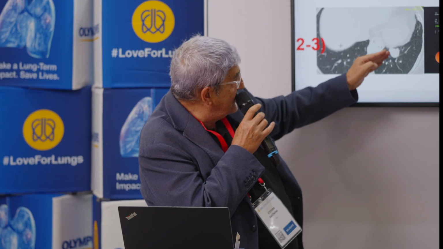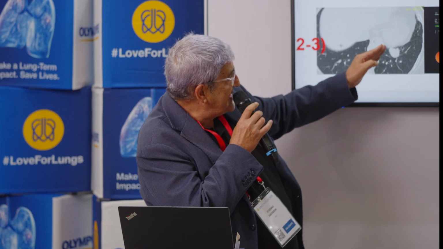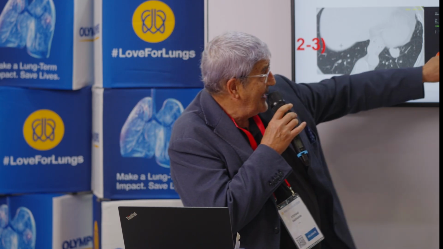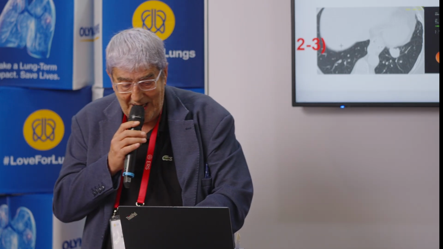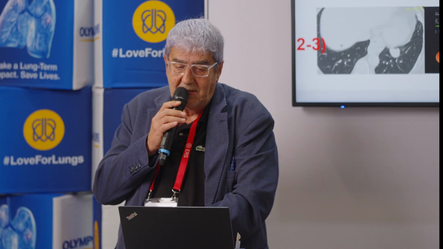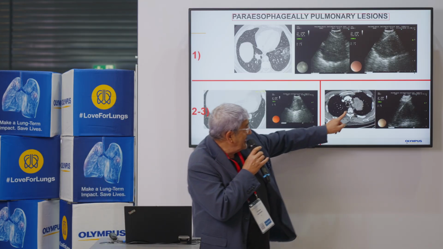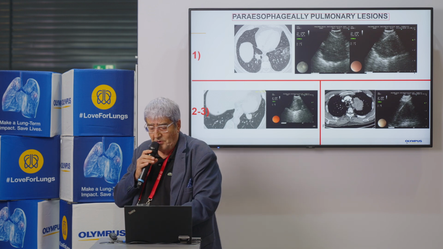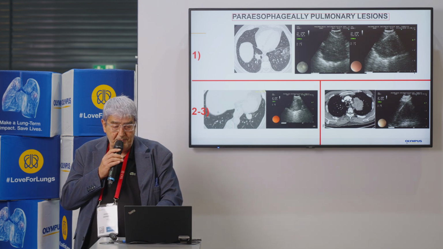Put the esophagus on the left side by bending your echo-bronchoscope, and you will visualize the lesion very well. And this is a mass that is in contact with the esophagus, and it's very easy to perform such a bioptic approach.